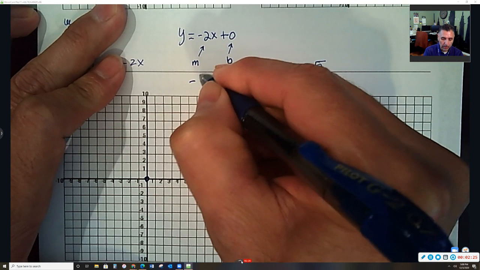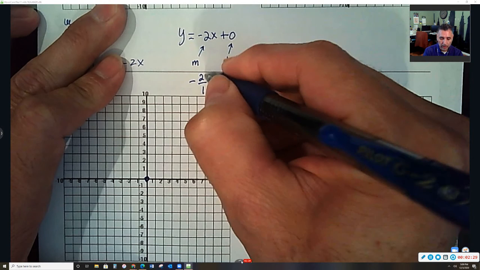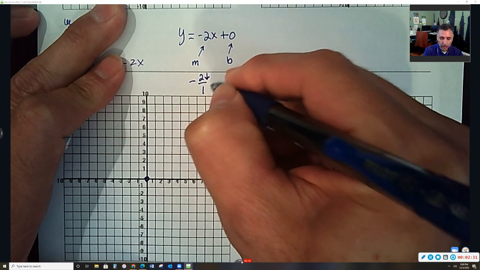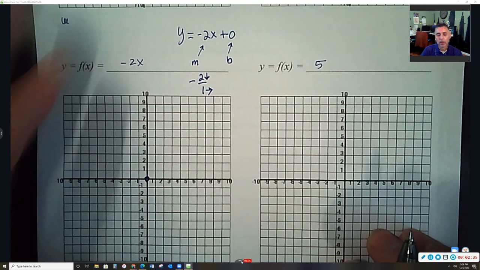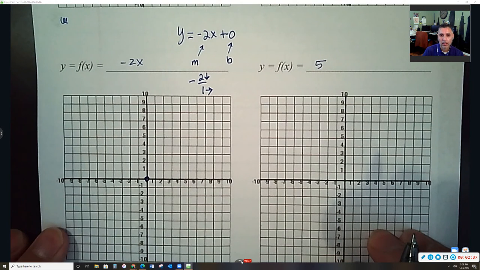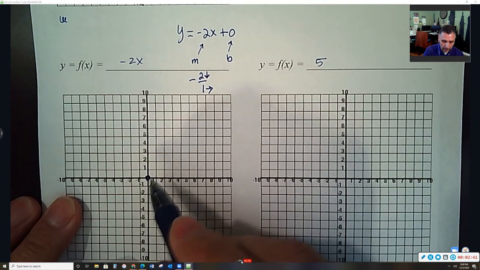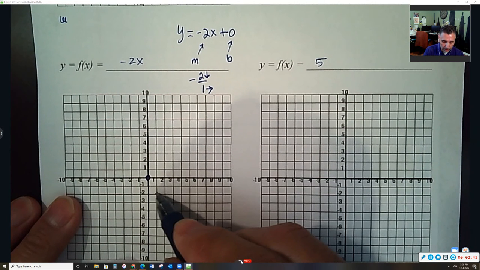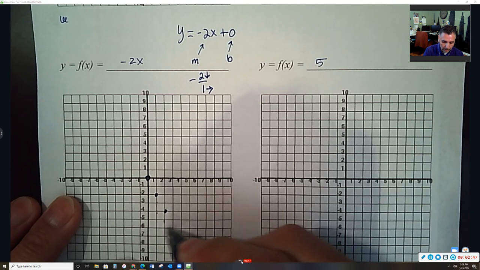And remember, the slope is a fraction, so think of rise over run. Because it's negative, it's going down. Going down 2 and then 1 to the right. So I'm going to graph this down 2, 1 to the right, down 2, 1 to the right.